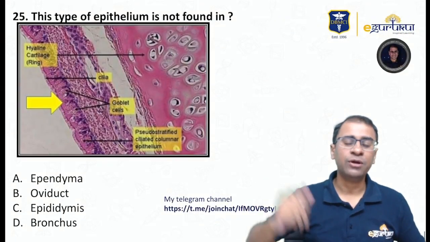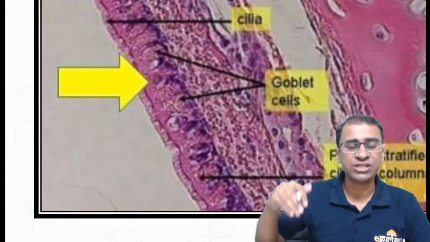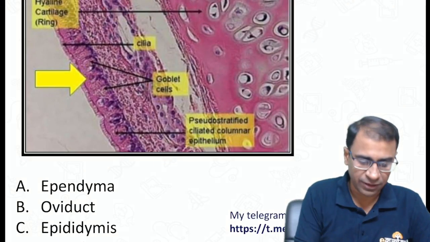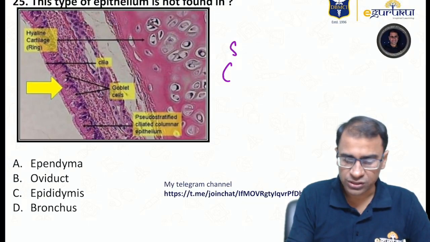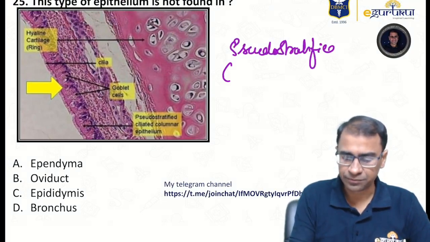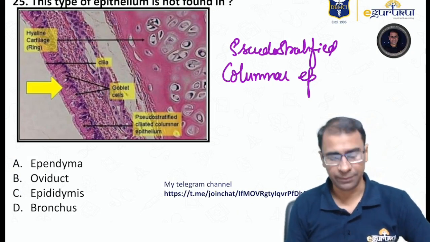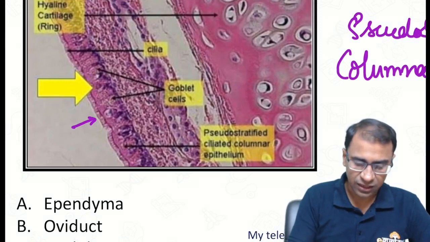The type of epithelium not found in, well, there's a marking given here, and this marking was showing you pseudo-stratified columnar epithelium. Well, this is the cilia and this is the pseudo-stratified columnar epithelium.